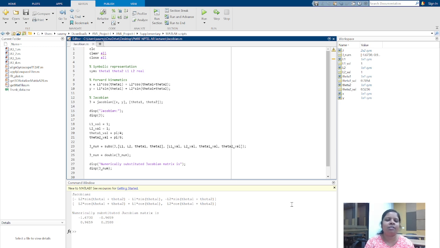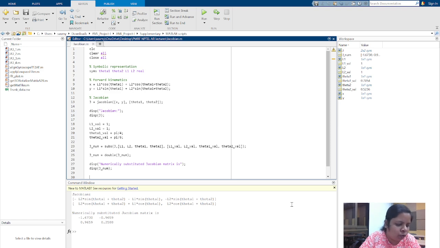The first term is minus L2 sine theta 1 plus theta 2 minus L1 sine theta 1. Second term, third term, fourth term, all of them are the same. And then in that we have plugged the values L1 val, L2 val, theta 1 val and theta 2 val. So this is the Jacobian matrix that we have obtained. We really did not calculate anything; we just used the functions to derive all of this.